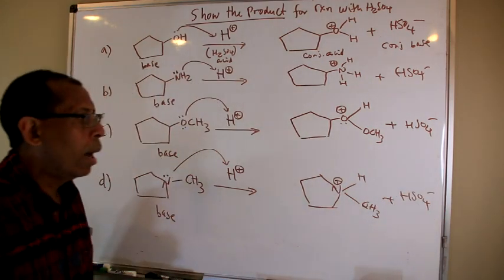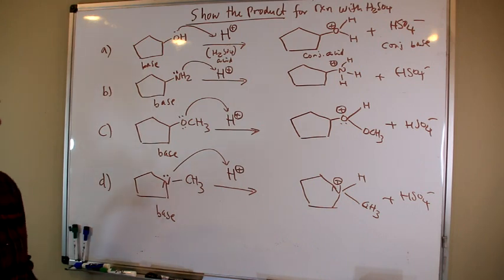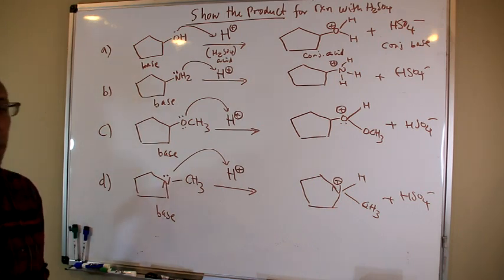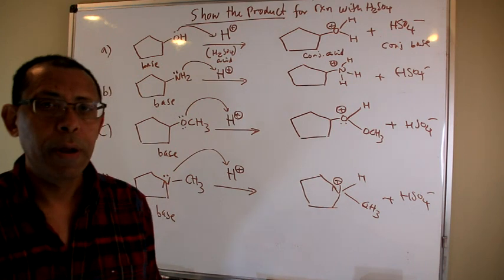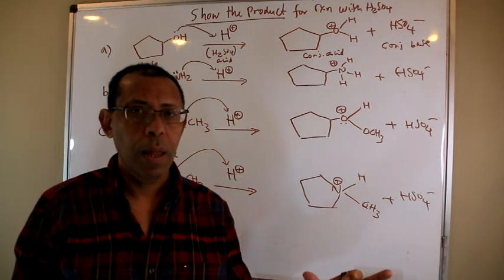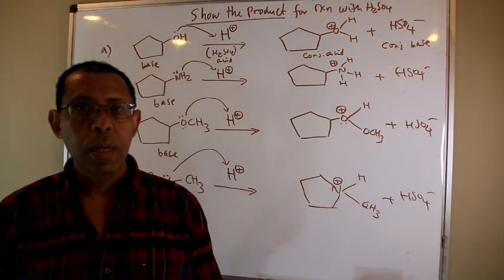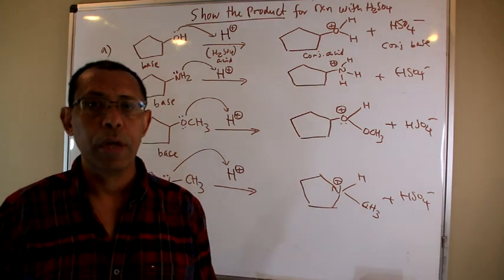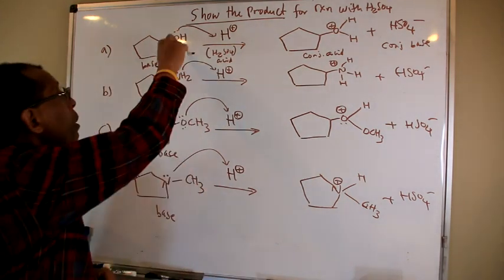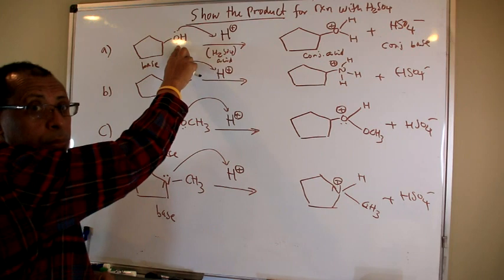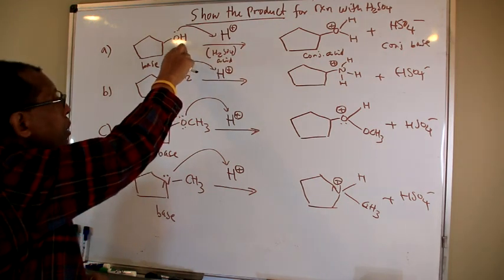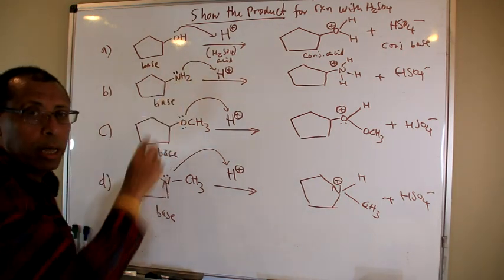Now, I want to remind you that whether it is a lone pair of electrons on oxygen or on nitrogen, they differ in terms of their basicity. Electrons on oxygen are not as basic as the electrons on nitrogen.